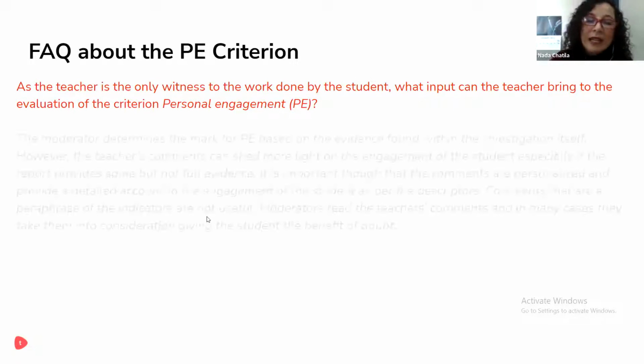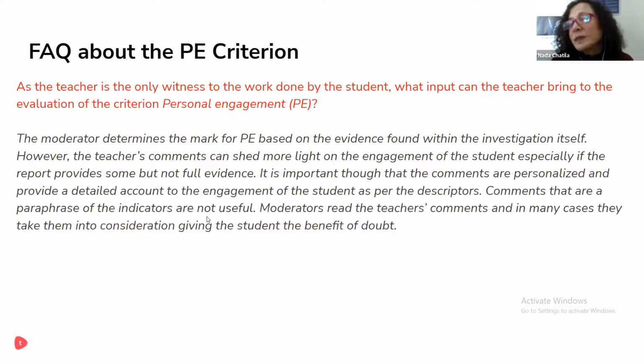Please note the following: the moderator determines the PE grade based on the evidence found in the report itself, as per the 3 indicators, the descriptors we just talked about. However, the teacher's comments are really valuable and we read them all the time, especially if they shed more light on things that are not very evident in the report.